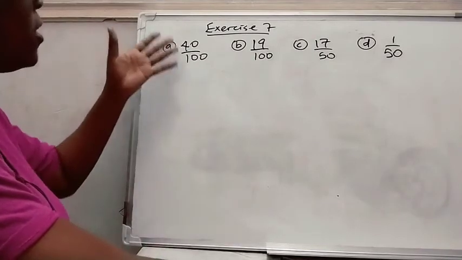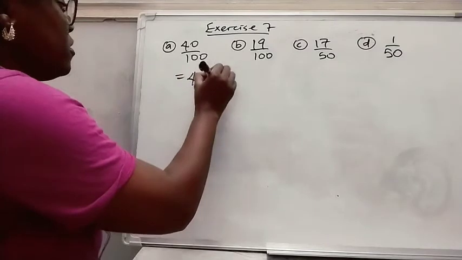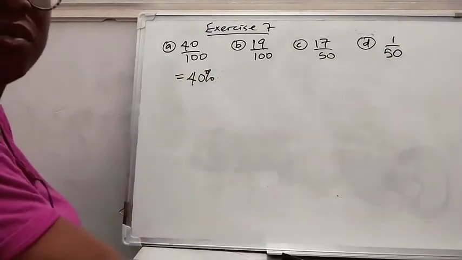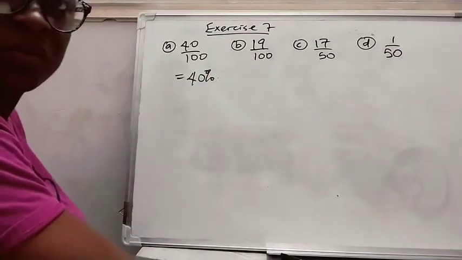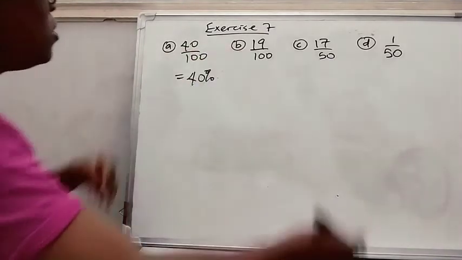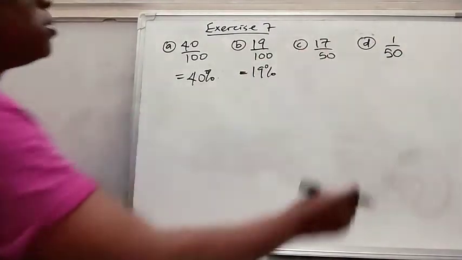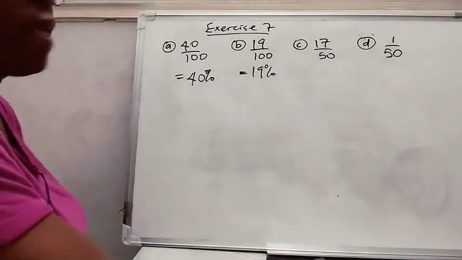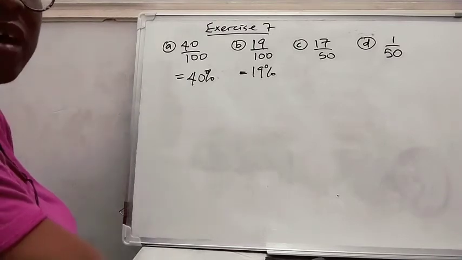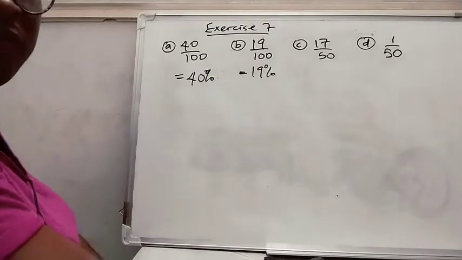If you look at this, it already looks like a percentage. So we'll take it as 40% because the denominator is already 100. A percentage is a fraction whose denominator is already 100. This also will have the same here, so we have 19%. Now, this fraction, when you look at it, the denominator is 50.